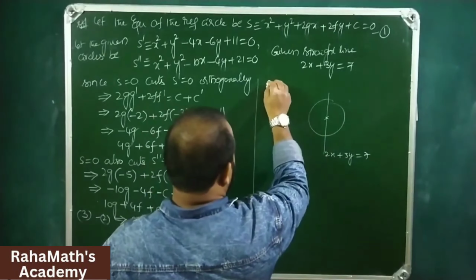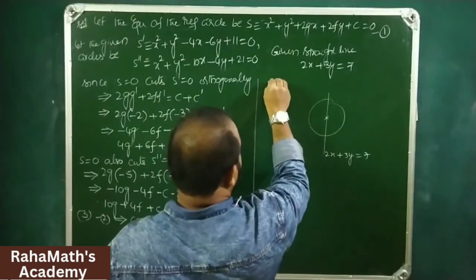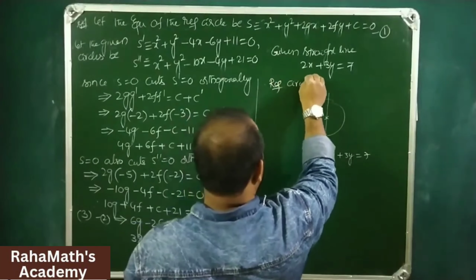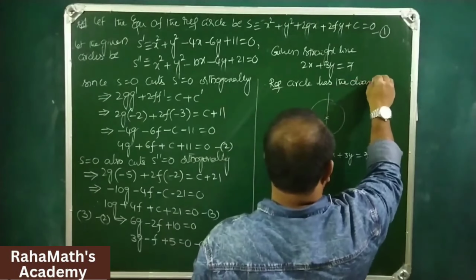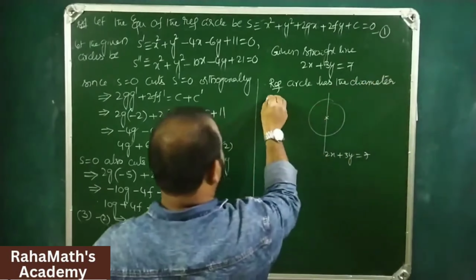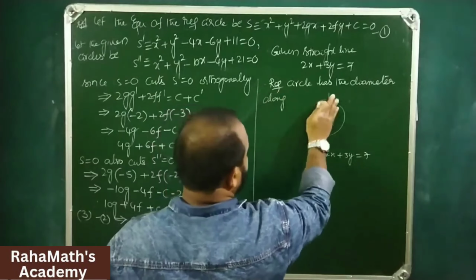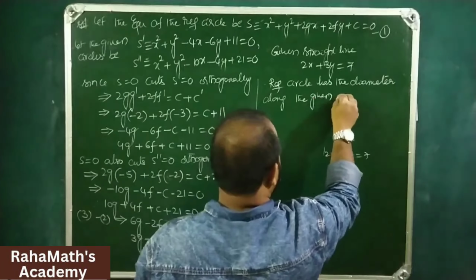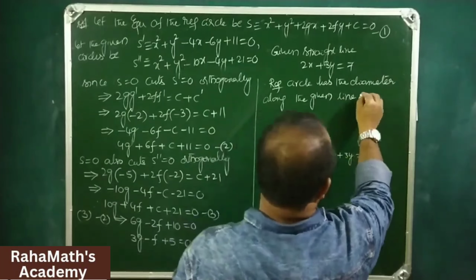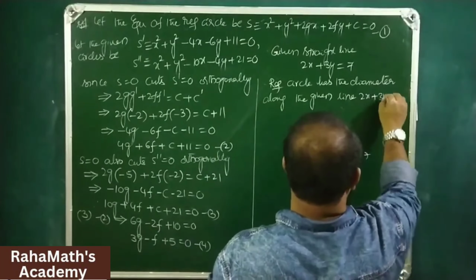So the required circle has the diameter along the given line 2x plus 3y equals to 7.